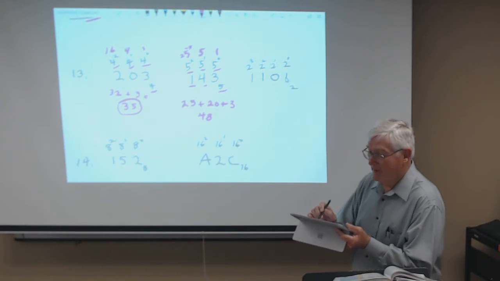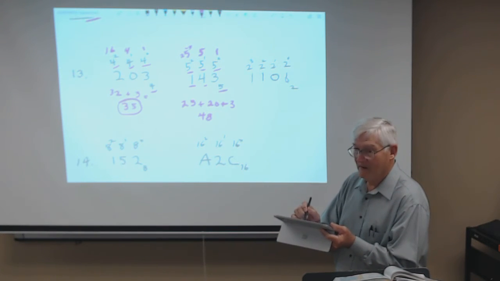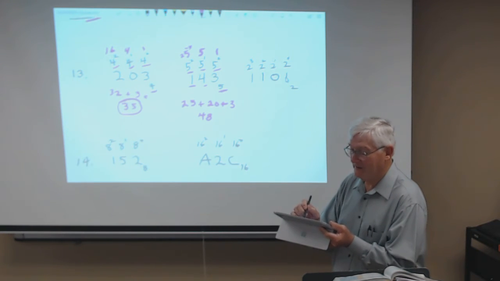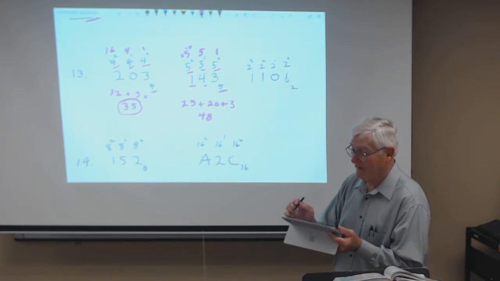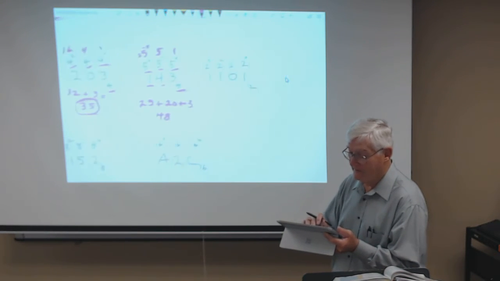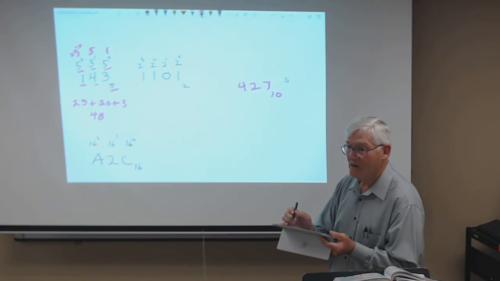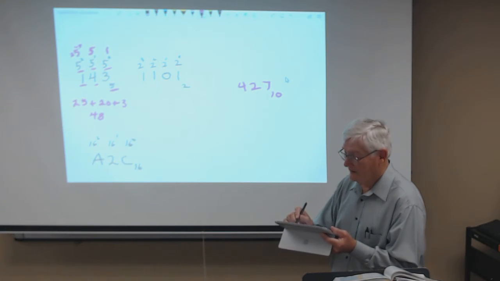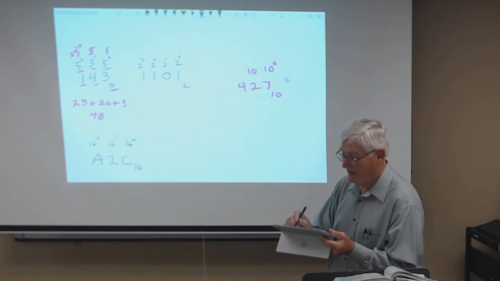Okay. Remember, if this is the base, then that means in the base 5 system, 5 is my number. Like, for example, if I said 427 in the base 10, that would be 10 to the 0, right? 10 to the 1, and 10 squared.